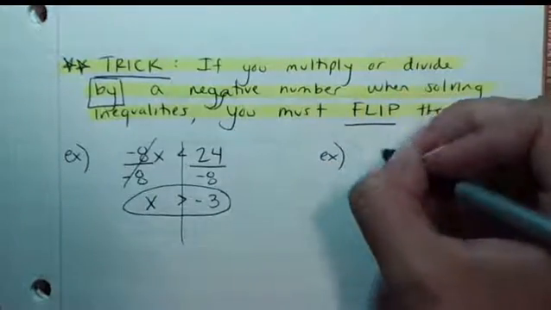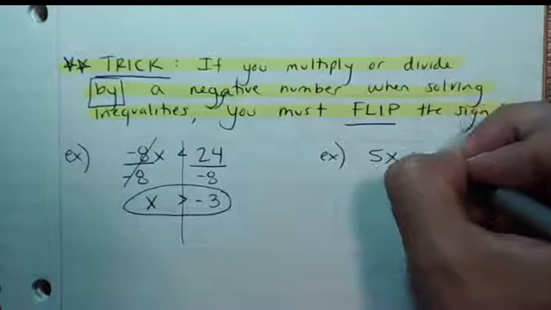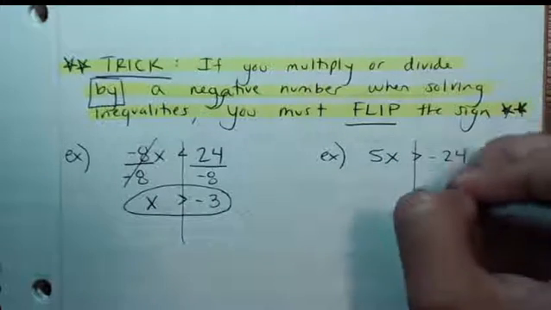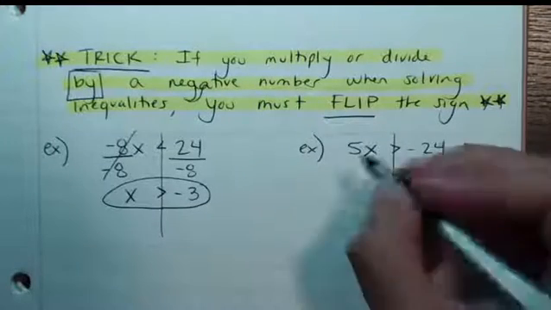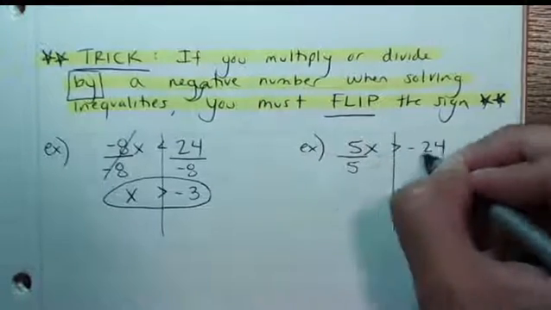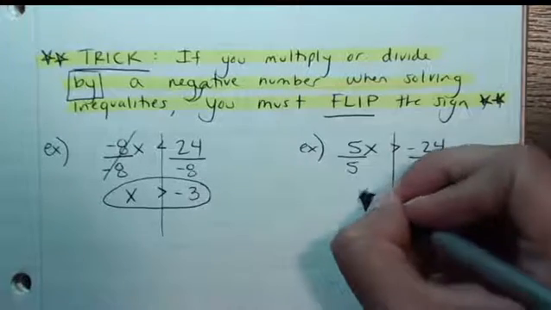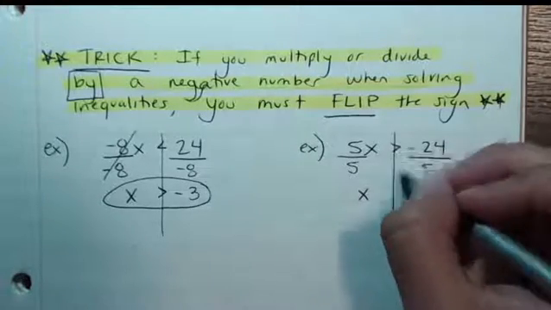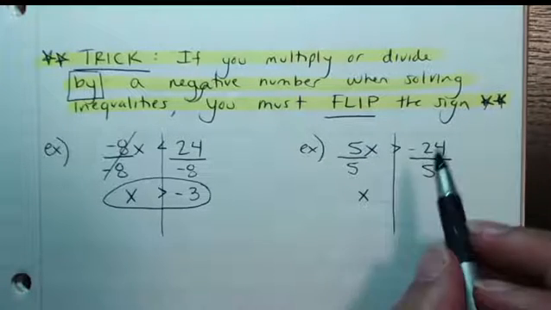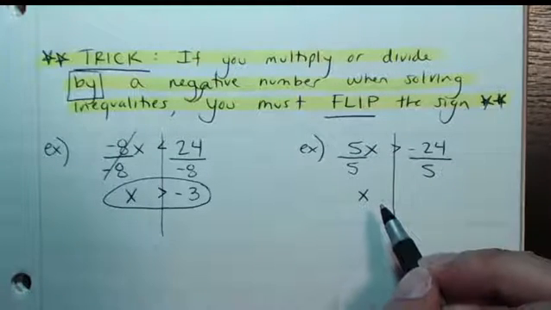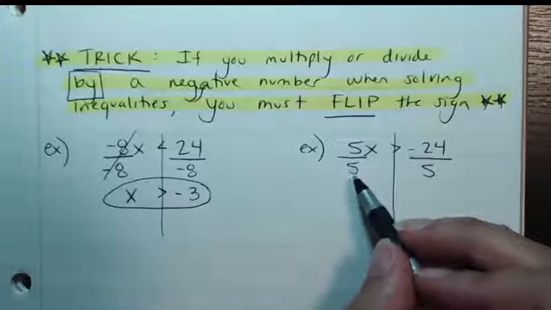Just one step, 5x is greater than negative 24. So again, I solve it like it's an equation. I divide by 5. Do I keep this sign or do I flip it here? Okay, this is what you have to be careful about. The number that I divided by was a positive 5.